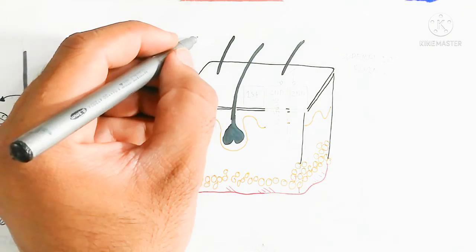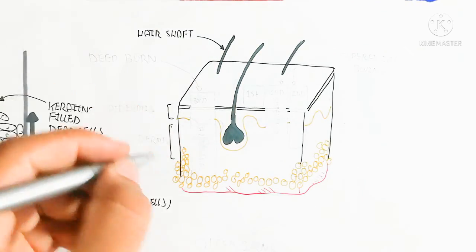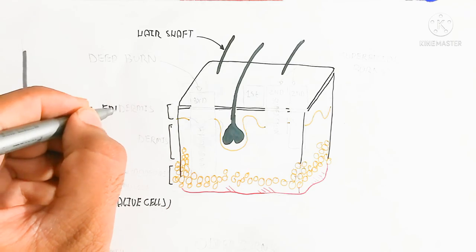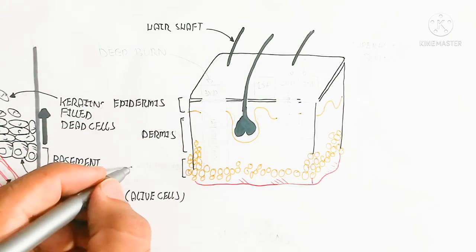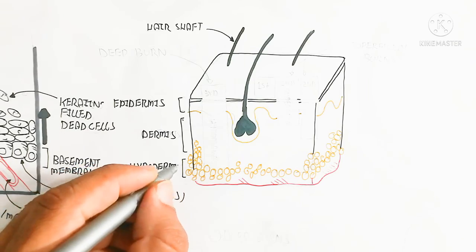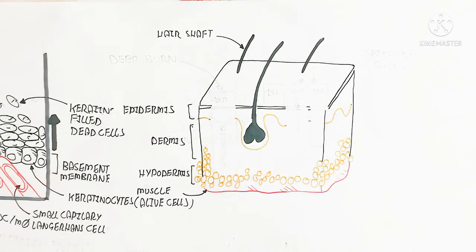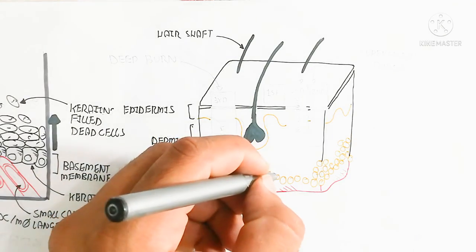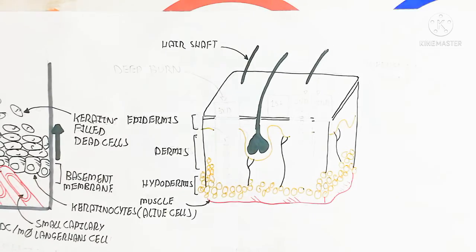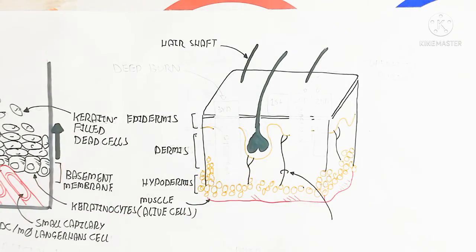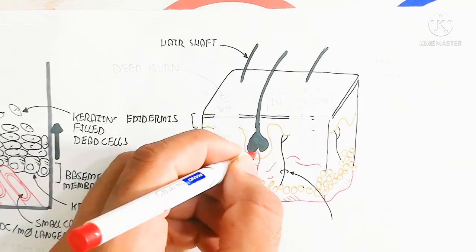So let's begin to understand the burn classification on the basis of first, second, and third degree burn. Here is the epidermis, dermis, and hypodermis, and this is the muscle layer inside the skin. And this is the nerve ending, which is attached to the dermal layer and used for the sensation of pain.